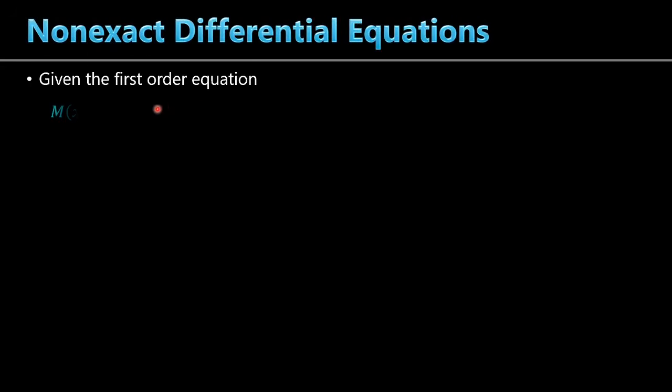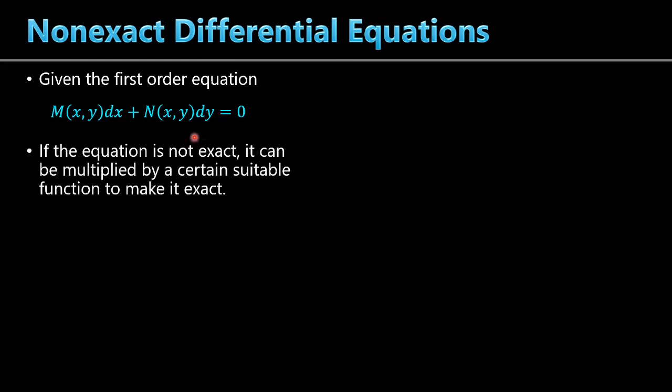Given the first order equation, M of x,y dx plus N of x,y dy equals 0. Okay, so you may notice that this is the differential form of a first order DE. If this equation is not exact, gaya ng sabi ko kanina, there are times when the given differential equation is not separable, not homogeneous, and at the same time not exact.